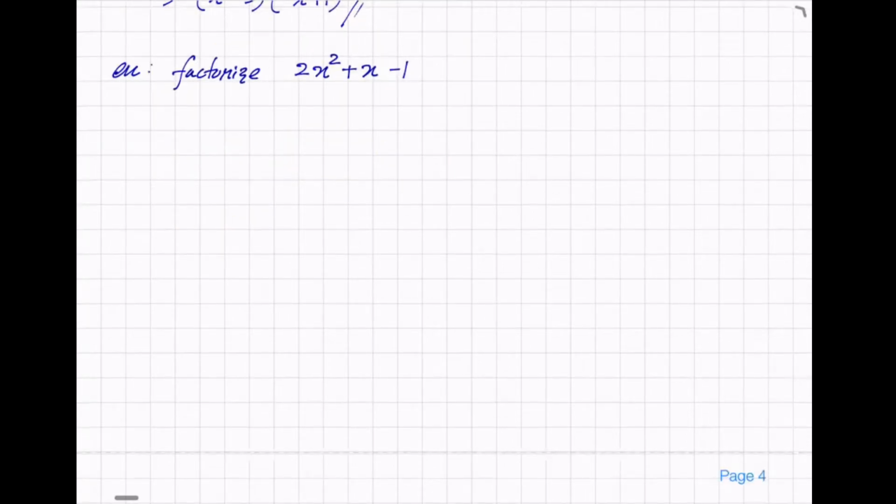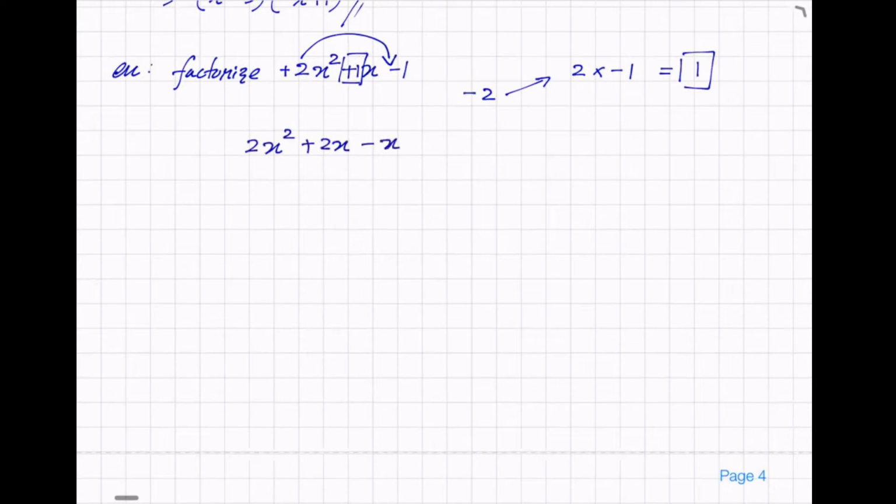So in this question, you have plus 2 here, you multiply plus 2 with minus 1, so it's going to be minus 2. So minus 2 you construct in this way, so 2 times minus 1. When you add, you get 1, and that you have here. So it would be 2x squared, now plus 2x minus x minus 1.